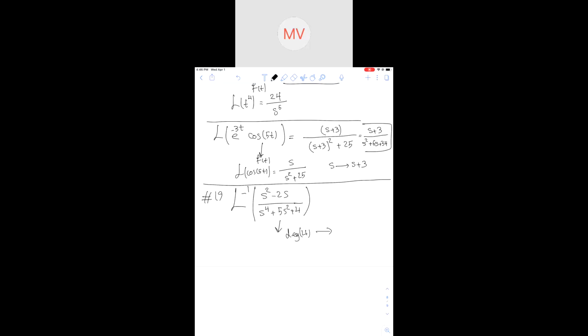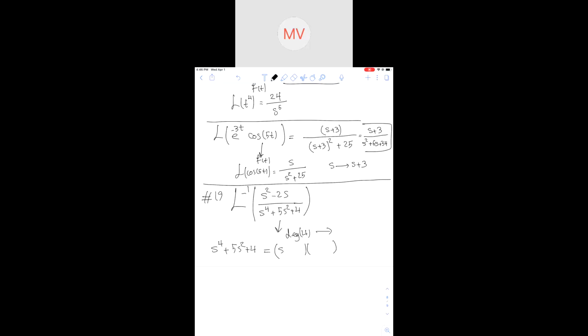So let's see. We have s to the 4th plus 5s squared plus 4. Can we factor this maybe into 2 polynomials of degree 2? Do you think we can? Yes or no? And if yes, let me know what the factors are.